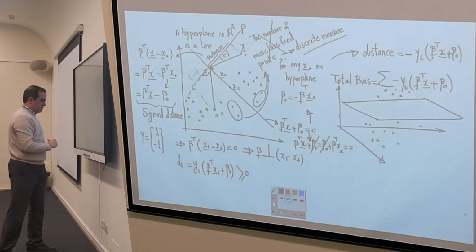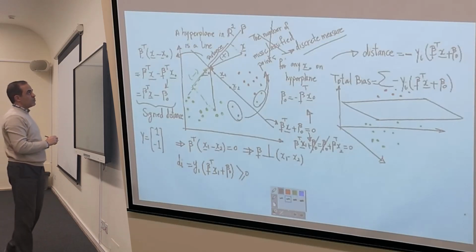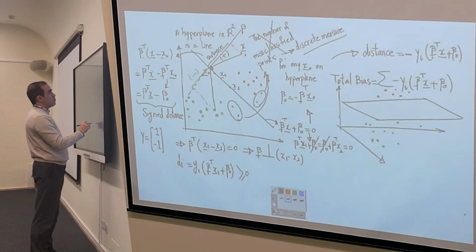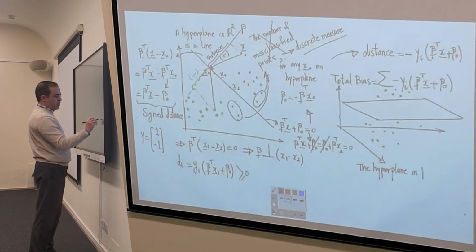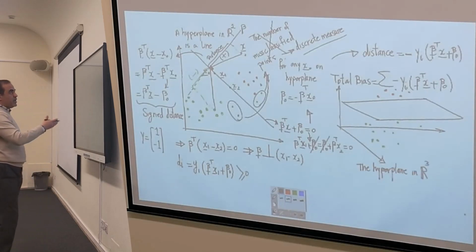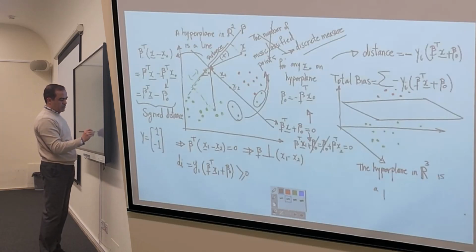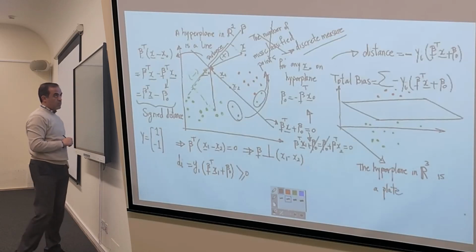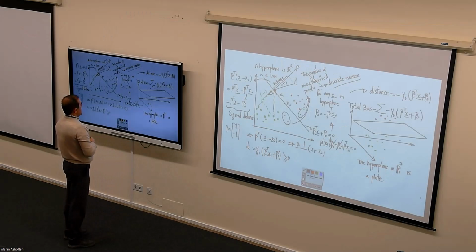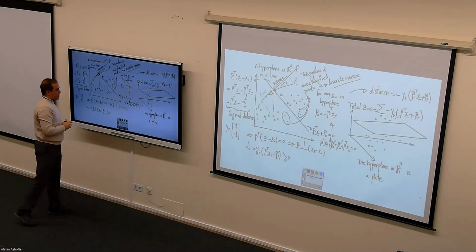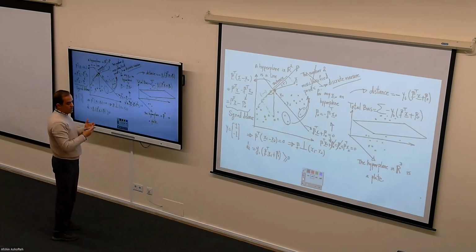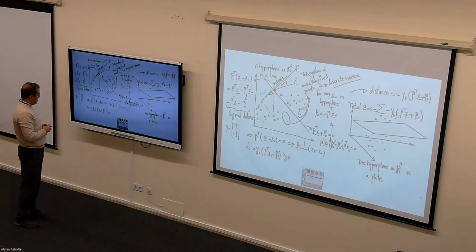So the hyperplane in R3, as we can see here, is a plate. But with the similar logic that we had here, we can also calculate everything and the total bias for this problem.